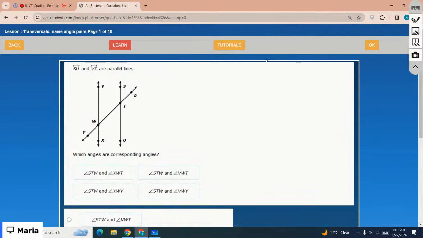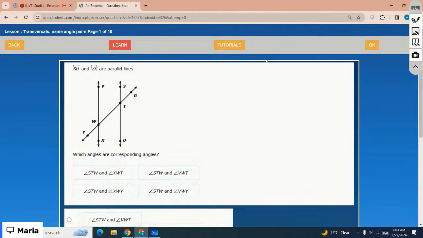Okay, when two lines are intersected by a transversal, the angles in matching corners are called corresponding, right? So let's see which one is corresponding.